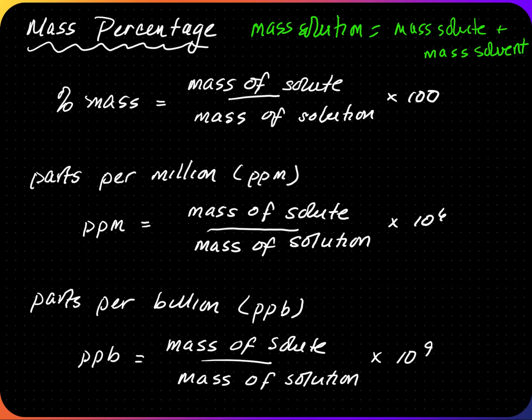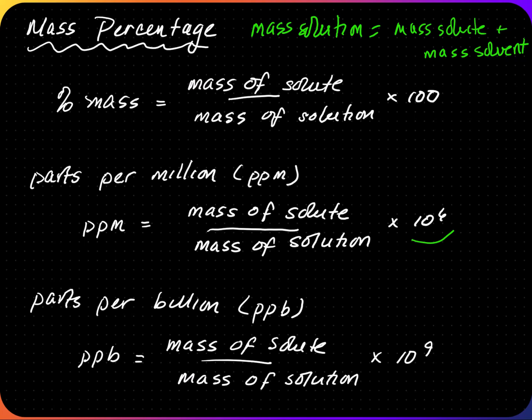Another way to express mass percentage is parts per million. Parts per million, ppm, is equal to mass of solute over mass of solution. Again, mass of solution is mass of solute plus mass of solvent. But since it's parts per million, we multiply by 10 to the 6, which is a million.